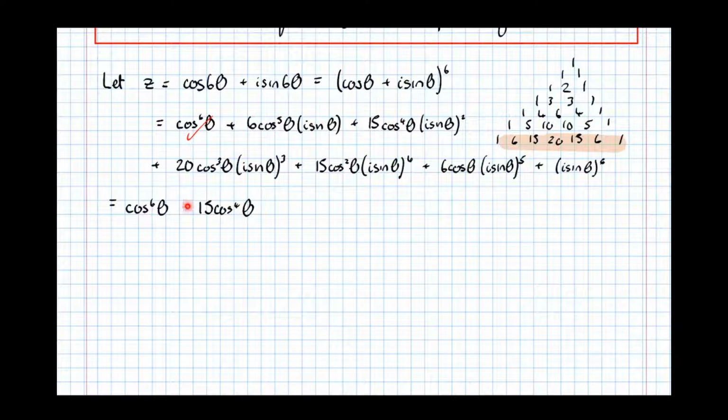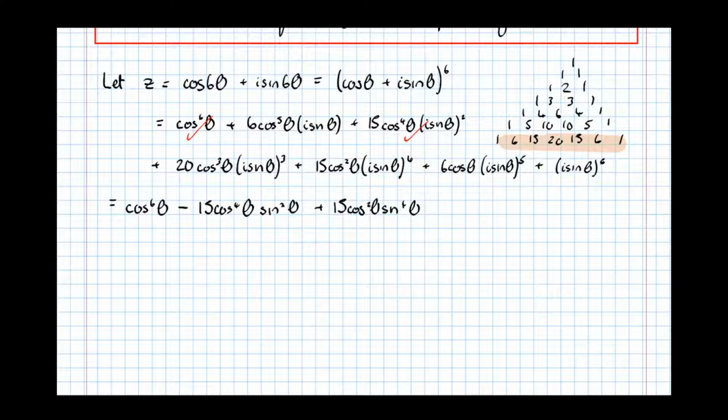That'll make this actually at the start a minus, so rub that out. So i squared is minus 1, so minus 15 cos to the 4 theta sine squared theta. Take them off as I go to keep track of which ones I've simplified. Then the next real one I'm going to get here is i to the power of 4. So i to the power of 4 is 1. So plus 15 cos squared theta sine to the 4 theta.